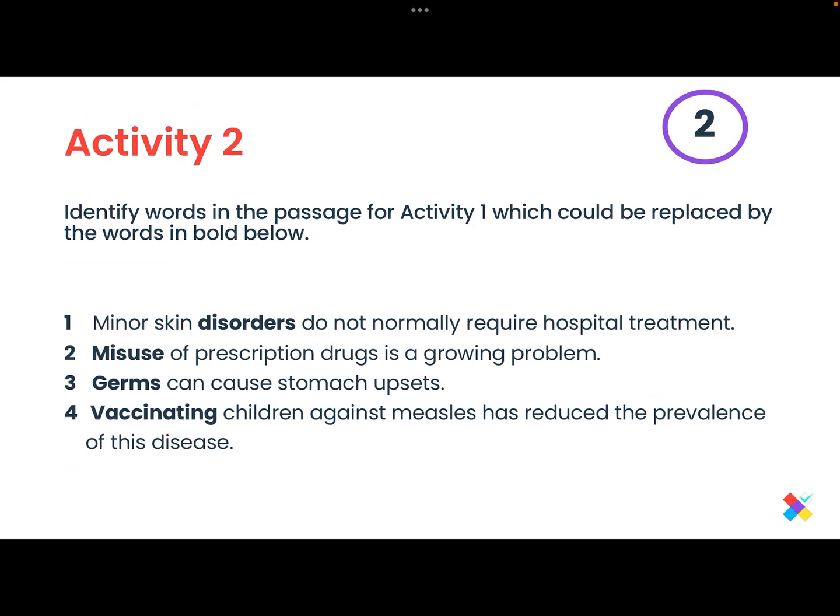For example, allergies are common in wealthy countries. Now, another synonym for wealthy would be affluent: allergies are common in affluent countries, which you also had in the previous text. Okay, so I'm going to give it 2 minutes to identify the words in the previous activity.